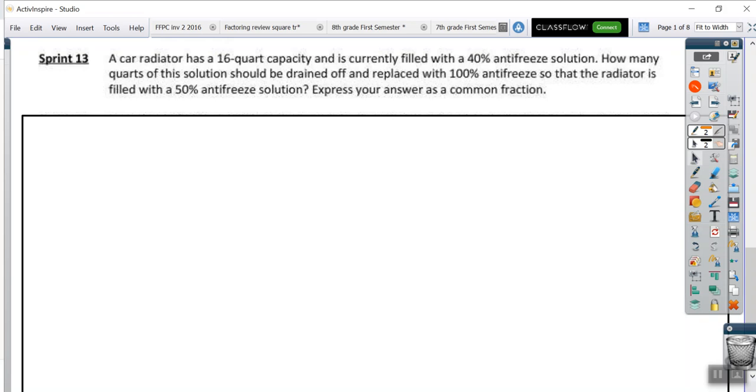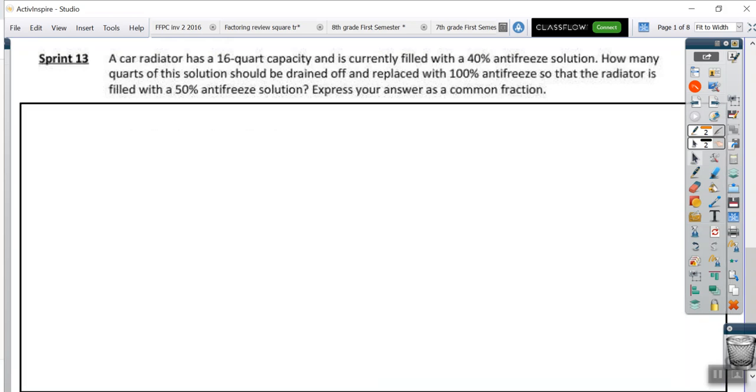Okay. So if we have 16 gallons, the first thing we need to know is how much actual antifreeze we have in the tank right now. So if we have 16 quarts of mixture, and it's 40% antifreeze, how much is remaining? 6.4.